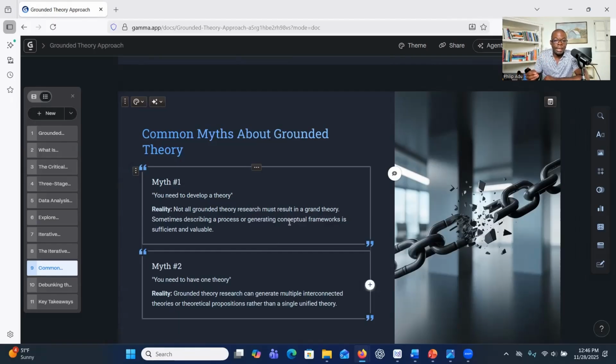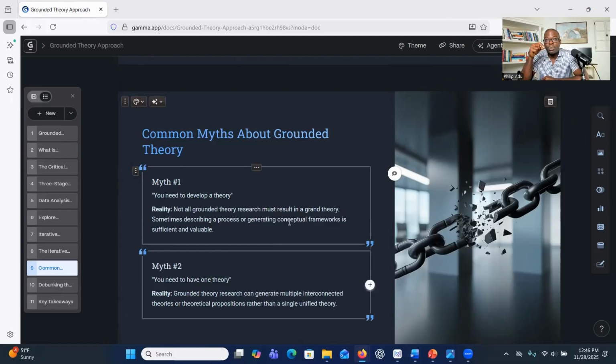So you can conclude that I have a proposed or suggested model or a suggested theory that future researchers can work on and confirm. So the conclusion here is that you don't have to develop a theory if you don't have enough data to develop the theory, right?